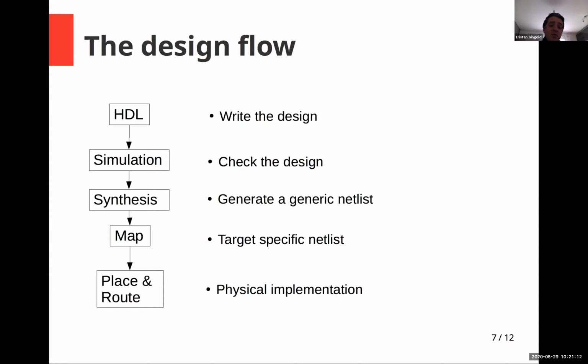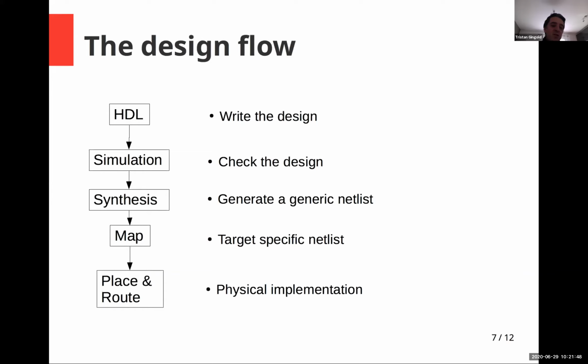So it will try to convert cells into the ones that exist in your target, or maybe merge many cells into a more complex cell that exists in your target, or simplify one into multiple cells from your target. And once you have a specific netlist, you can try to place and route it in order to fit into the physical implementation.